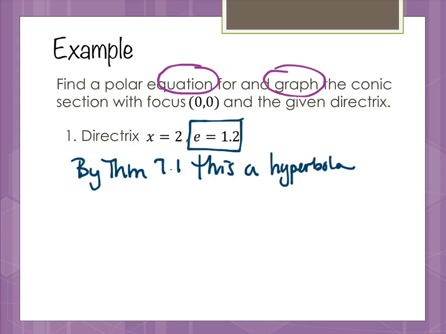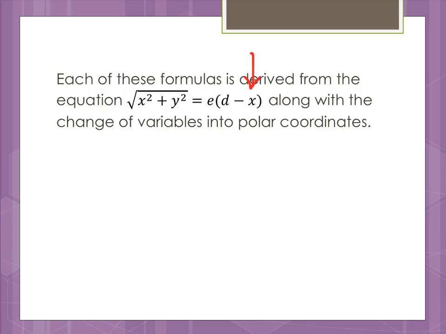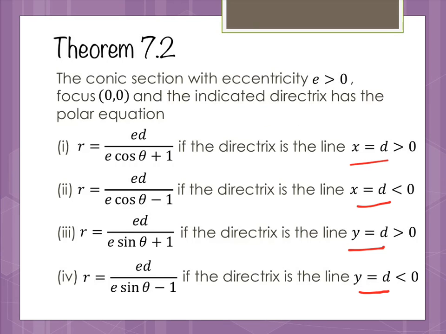And then we're going to use theorem 7.2. So by theorem 7.2, which equation is this? Taking a look back at the different options here, it's going to be something of the form ED over so forth, based on what the equation of the directrix is.